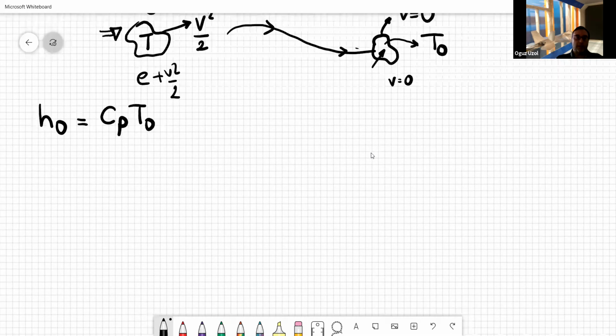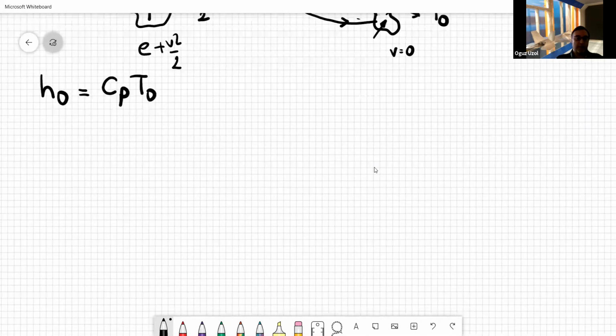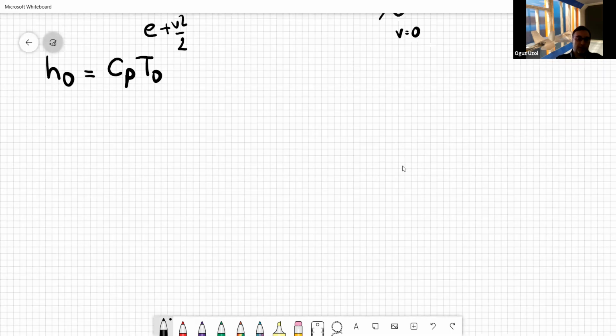But before that, we will now discuss a little bit more to understand these, especially stagnation enthalpy H0 and stagnation temperature T0. And our discussion will start from the energy equation as we have written it in this class.